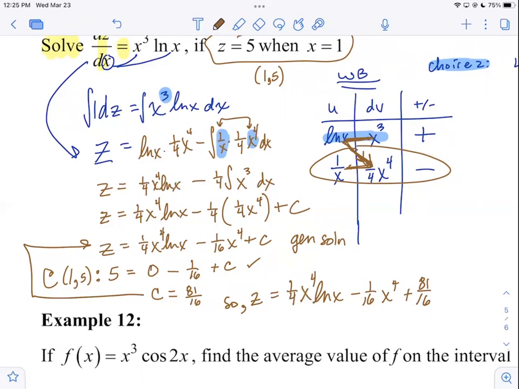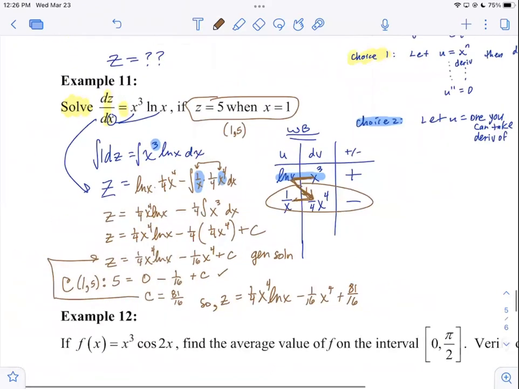So this is good because this is a review of solving separable differential equations. But in this case, the integral required a new skill, which was integration by parts. All right, questions on that one? Tie it off. You always tie it off with a horizontal product and an integral symbol. Okay.